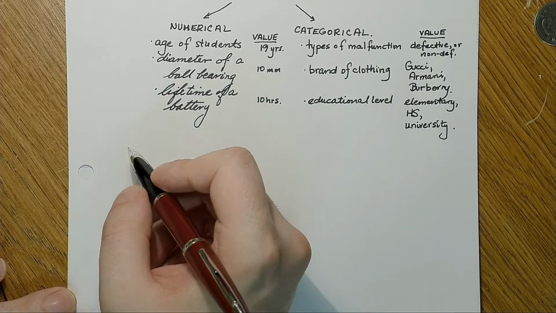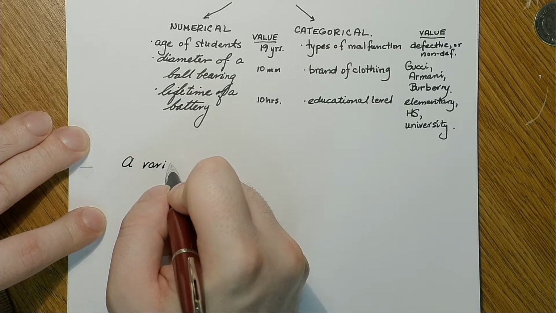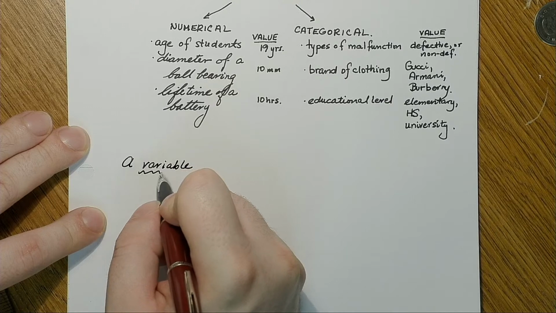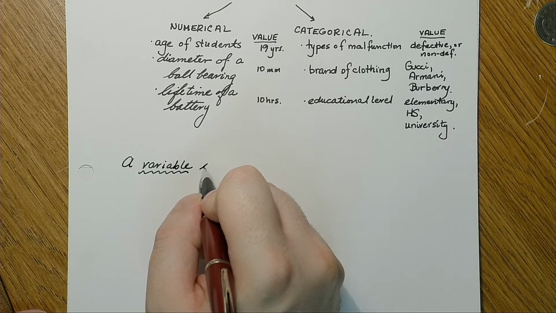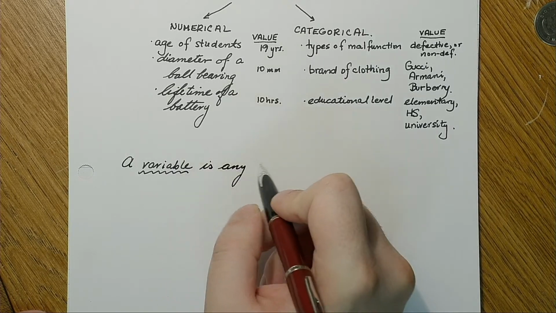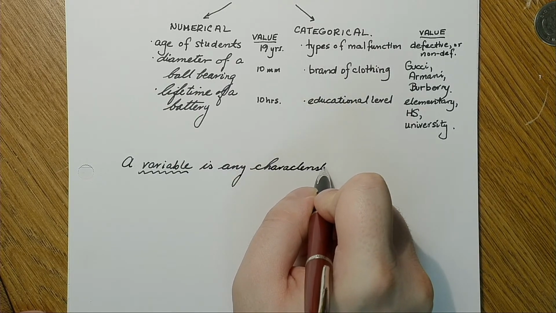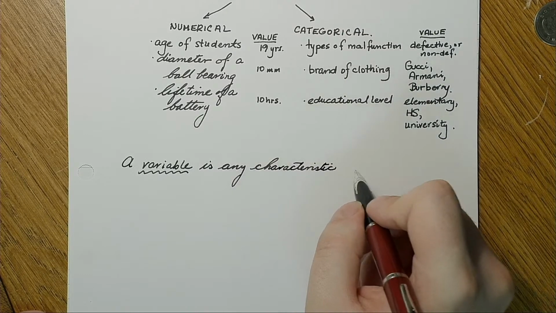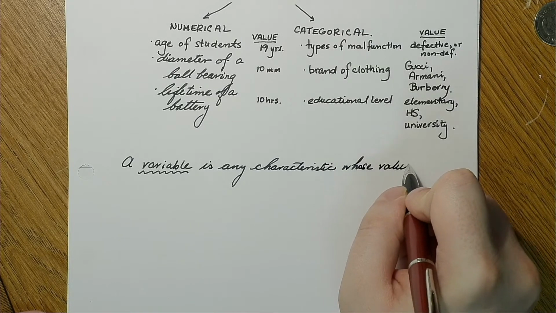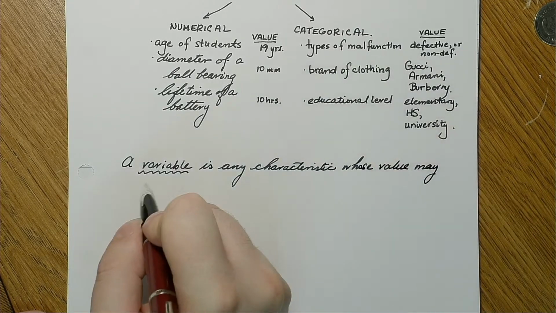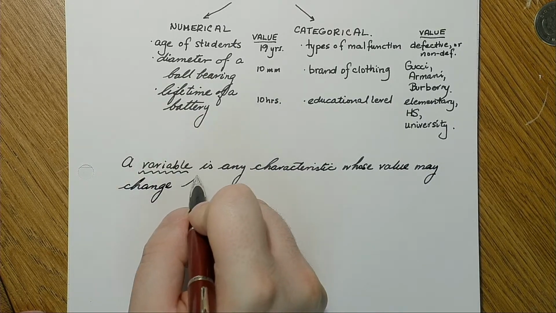Now let's also discuss what a variable is. So we have a variable. And that is any characteristic whose value may change from one object to the next.